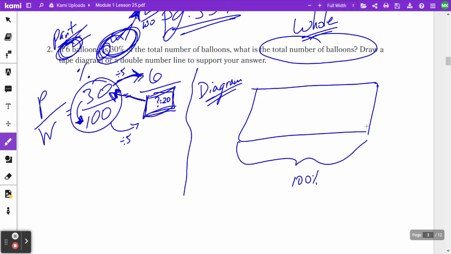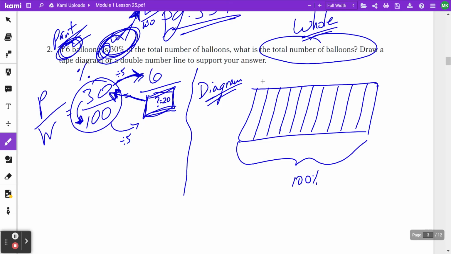Easiest way, I suppose, is to just split this entire thing into sections of 10. 1, 2, 3, 4, 5, 6, 7, 8, 9. They should all connect, sorry. There you go. Which means if these are all 10%, I have 30% right there. So that's 10%. That's 10%.